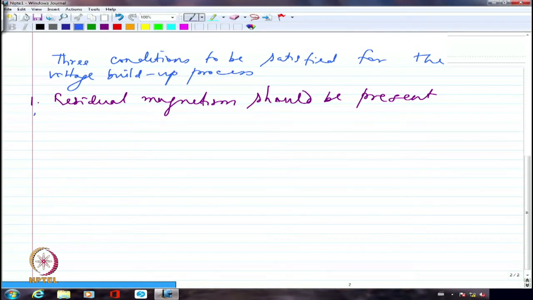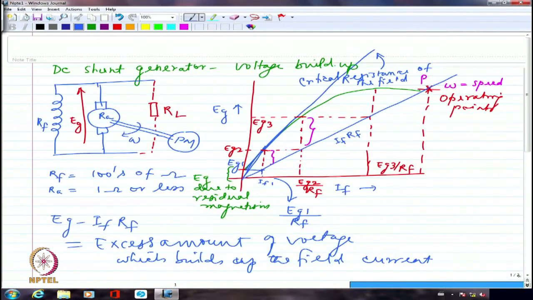The second one is, once the residual magnetism generates some voltage, whatever current is flowing, we said that the current is flowing in this direction. If I say this is plus and this is minus, this is how the current is going to flow, right? This current flowing through the field circuit should aid the residual magnetism.